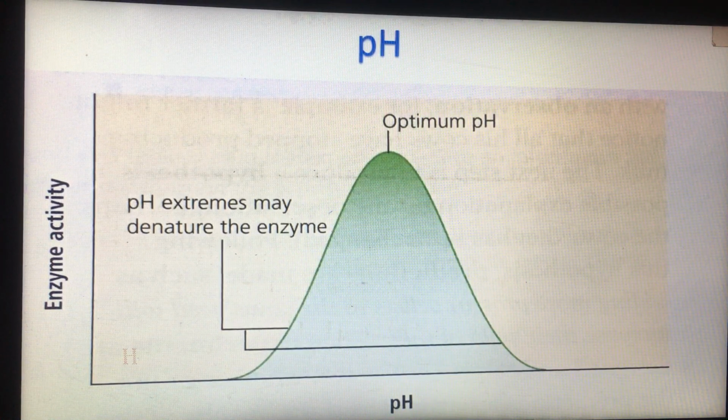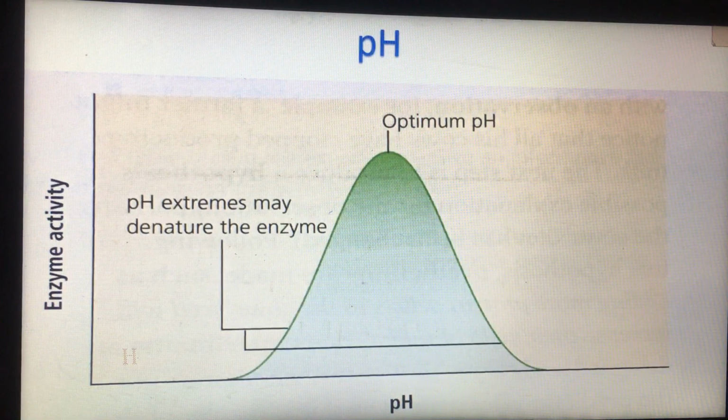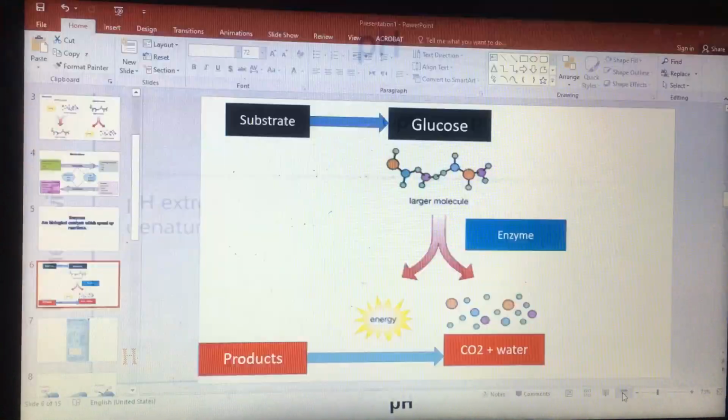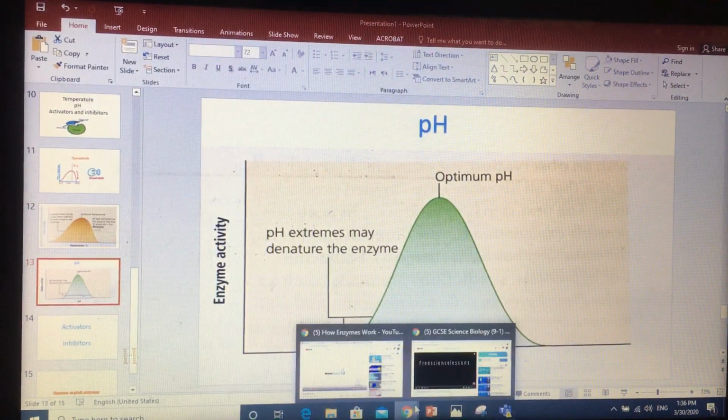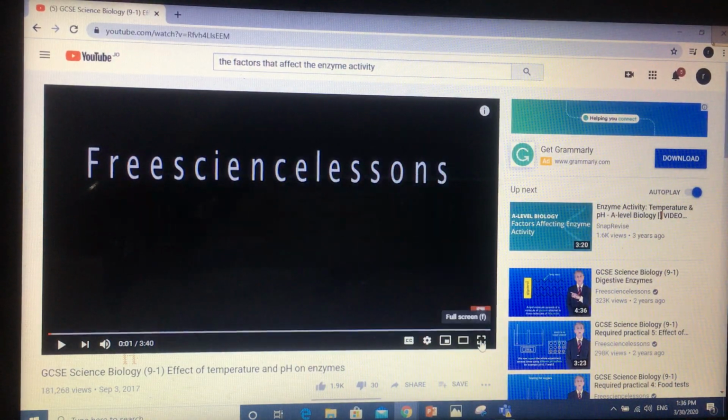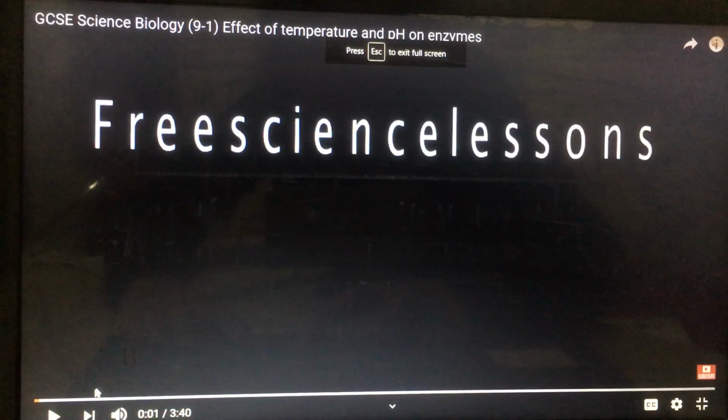And the second example, amylase. Amylase works in the mouth and small intestine. Its optimum pH is around 7.5, which is weakly basic. So those are the two examples. So let's watch this video to understand the factors that affect enzyme activity.